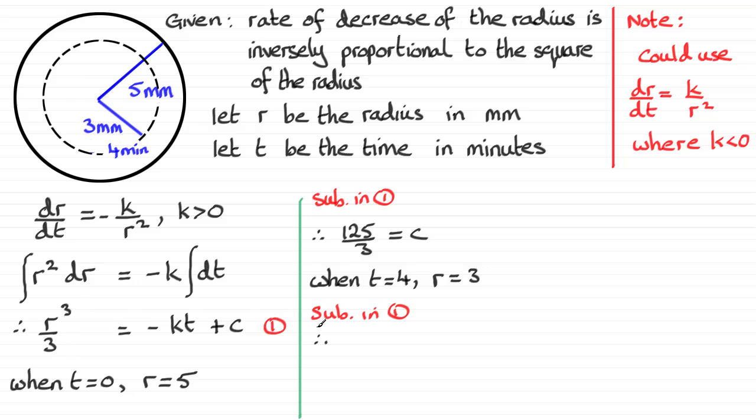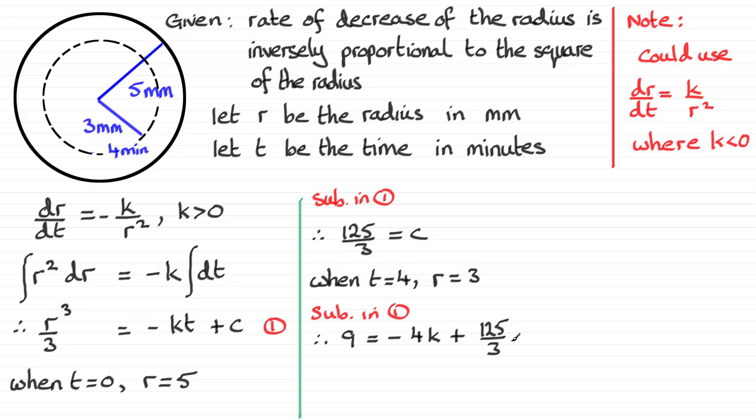Divide by 3, that's going to give me 9. And that's going to equal minus t, which is 4 times the k. So minus 4k. And we've got the constant c, which we've just found out was 125 over 3.